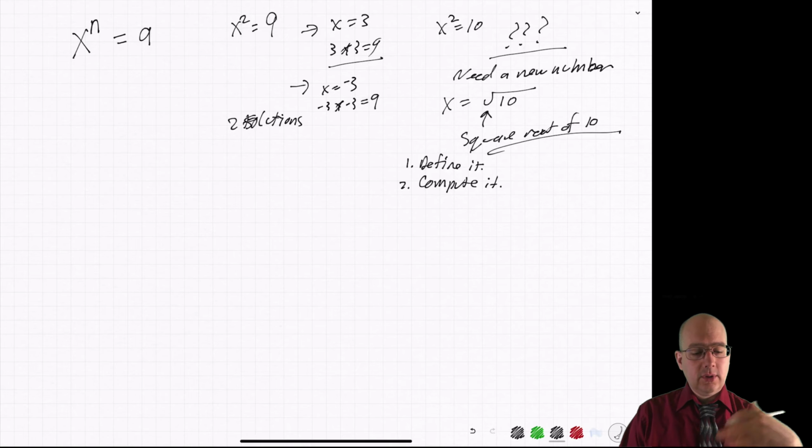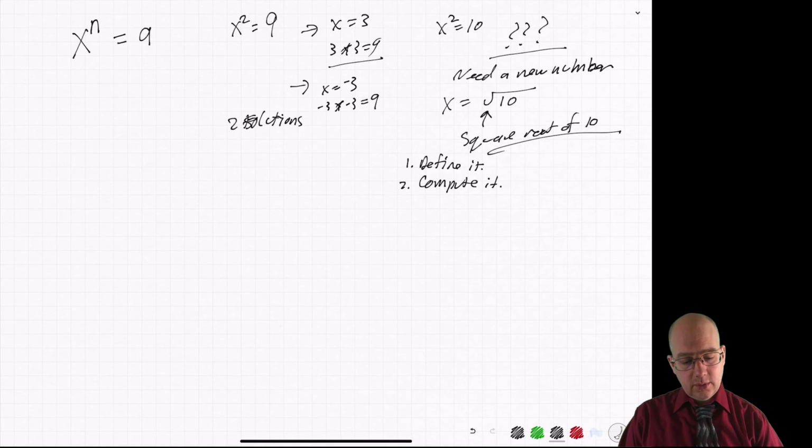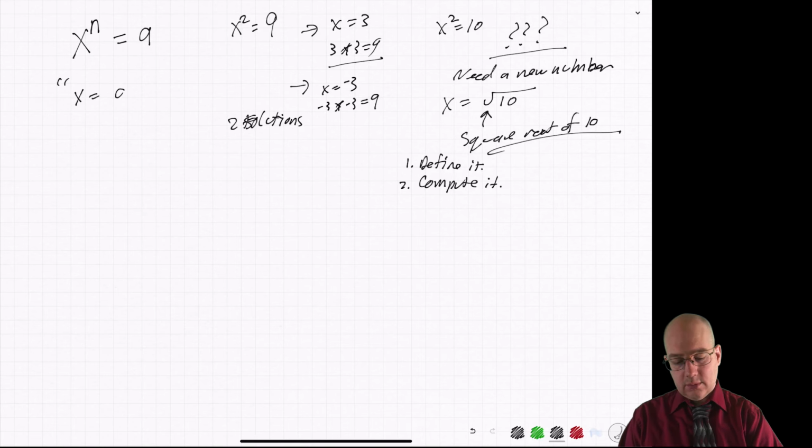And it can be x cubed, x to the 5th, whatever. Basically what we end up doing is we get x equals a to the 1 over n.